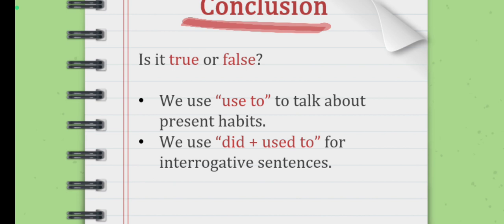Okay, it's good because we need to use usually to talk about present habits. And remember that we use this verbal tense used to only to talk about past habits. But it is different. It is used with the d sound.